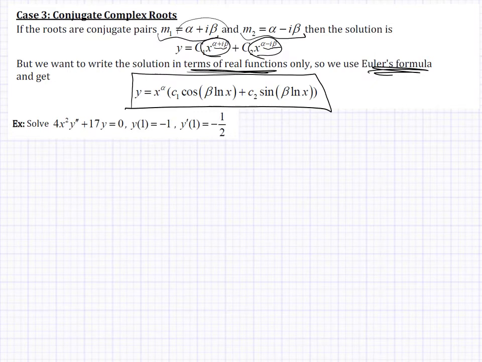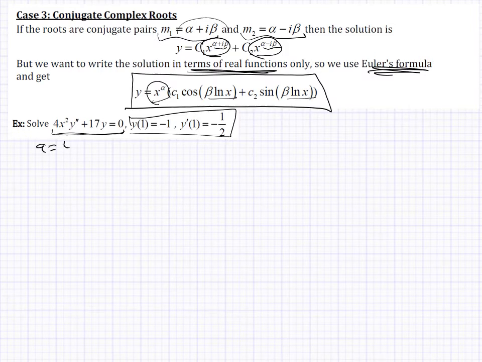Notice it's somewhat similar to the setup we had with the constant coefficient ones. In this case, though, it's based off power functions, and we have logarithms in here. So x to the alpha, c1 cosine of beta log x plus c2 sine of beta log x. And so if we were to solve this Cauchy Euler, let's ignore these initial values for a second, but let's just solve this Cauchy Euler here.